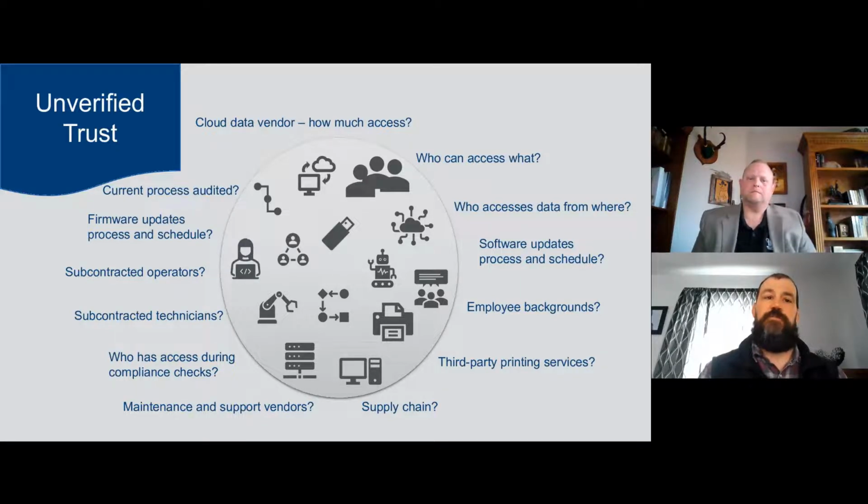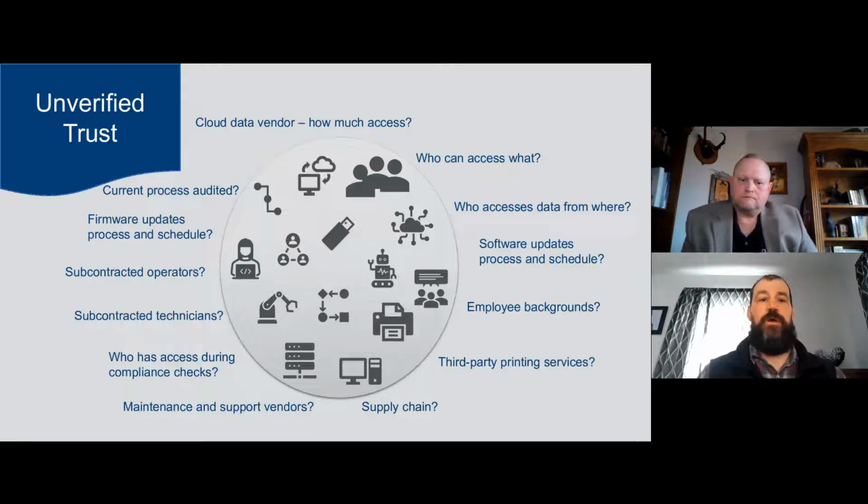What I want to talk about is this concept of unverified trust. For a lot of reasons, we have been optimizing functionality, reliability, safety aspects, and cost in all of our systems. And the security aspects, if they're addressed, are usually thought to come under either physical security or the IT guys that take care of it.